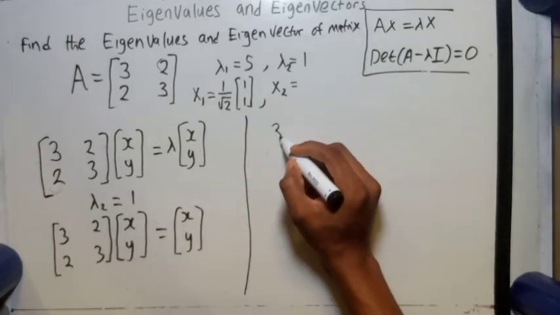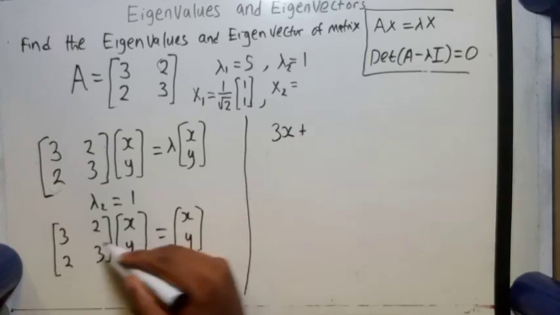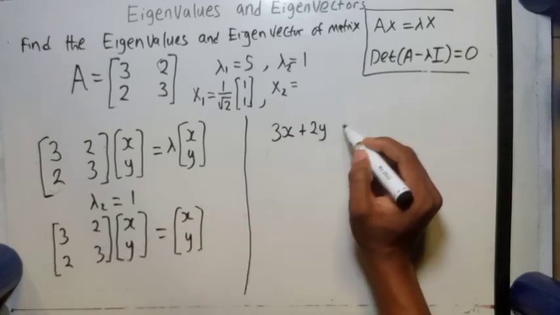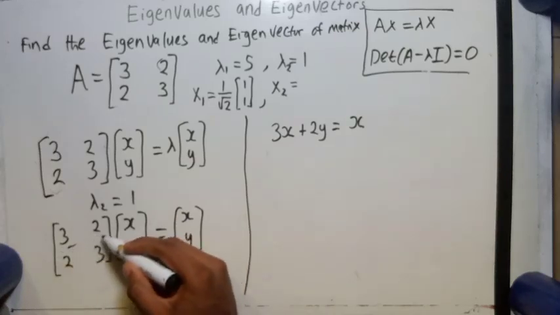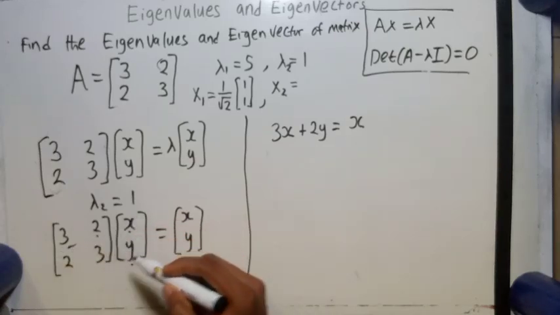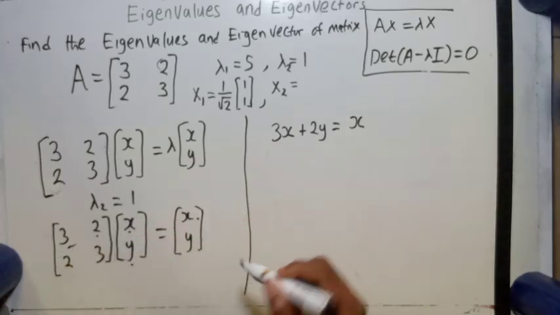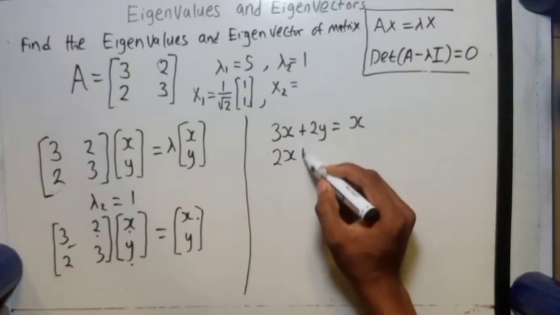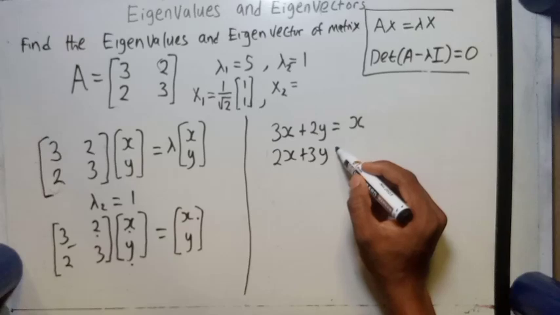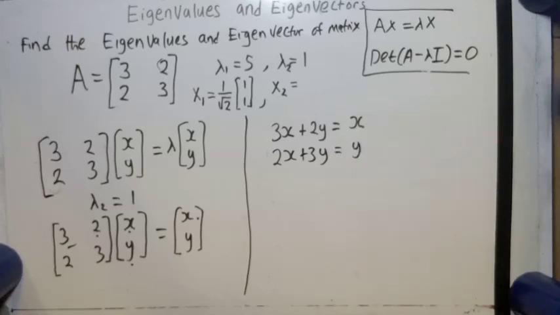We have 3x plus 2y is equal to x. This times this plus this times this is equal to this. And 2x plus 3y is equal to y. Now we have gotten our equations.